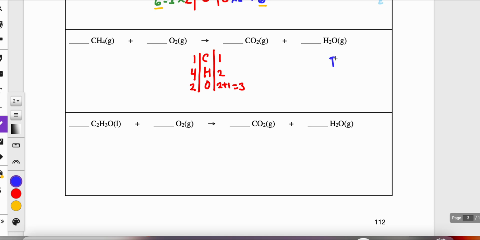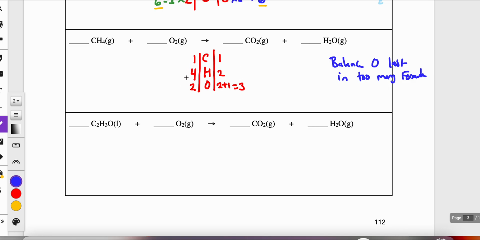So balance oxygen last because it's in too many of the formulas. So if I'm balancing oxygen last, carbon is okay. Oxygen I'm waiting to do, so that means I've got to work with hydrogen.